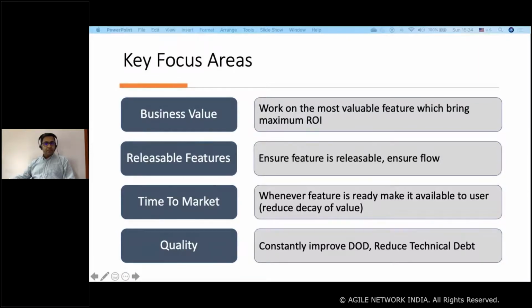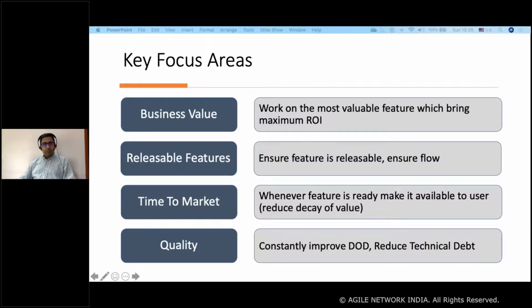The next one is time to market, and this one focuses on small, quick releases. This one is really important. The time to market should be small. There is no value in creating a product and not releasing it. If it's not reaching the user, there is no value.